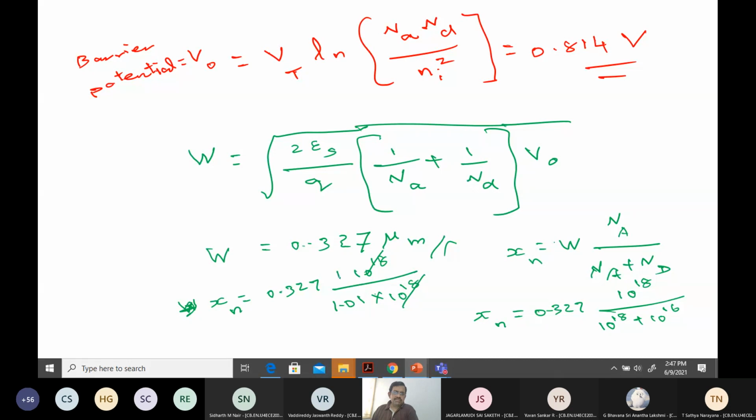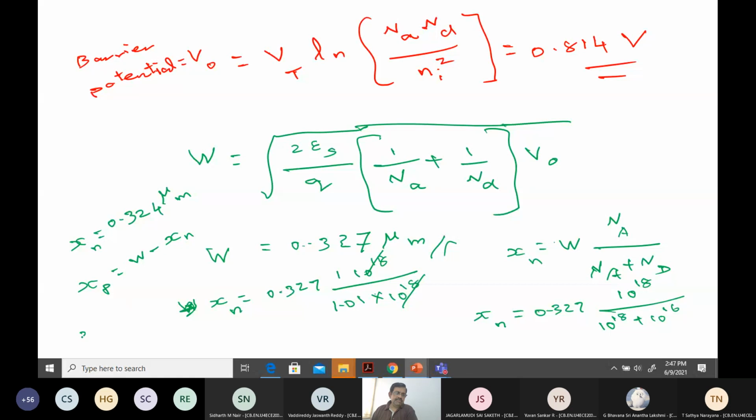So it is 1 by 1.01. So the width 0.327 times 1 by 1.01, you can simplify. Xn will be equivalent to 0.32 something, you will get 0.324 micron. We have done this problem.